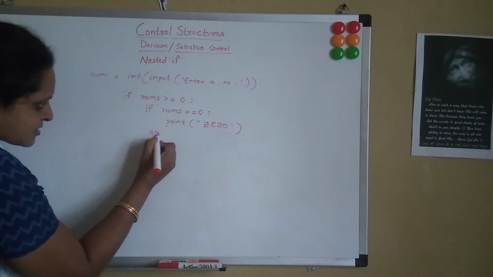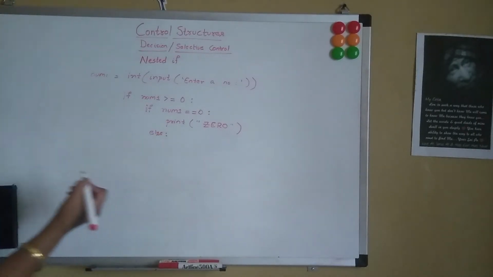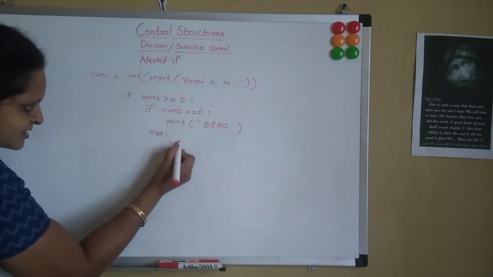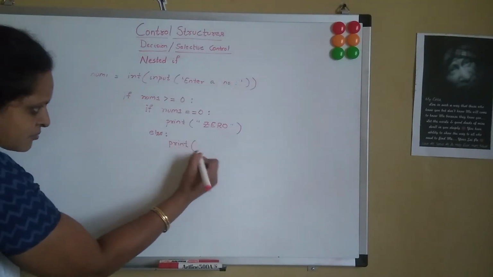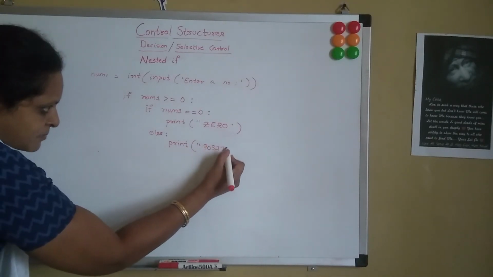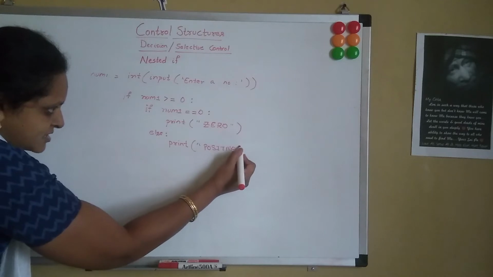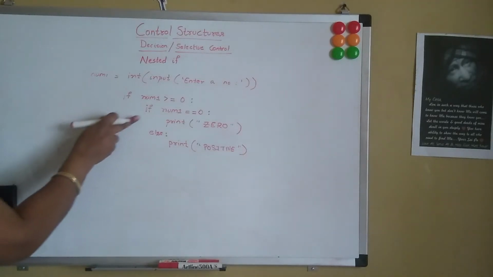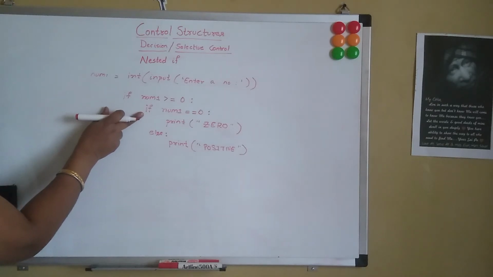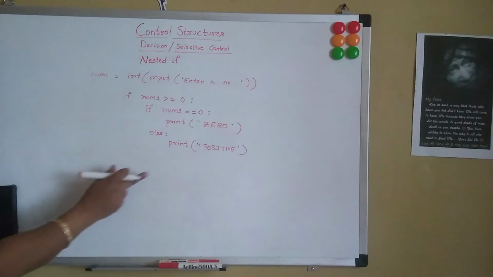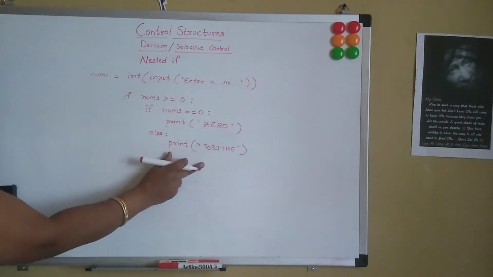Else colon, and when we give else and colon, the line again gets indented. Print positive. The number entered by the user is positive. So for this particular if statement, if num1 equal to 0, it prints 0, else it prints positive.